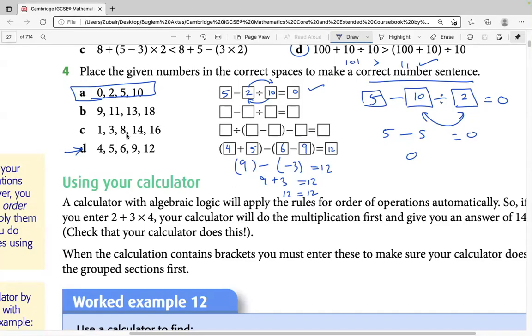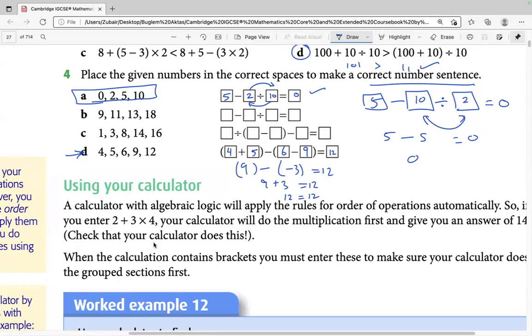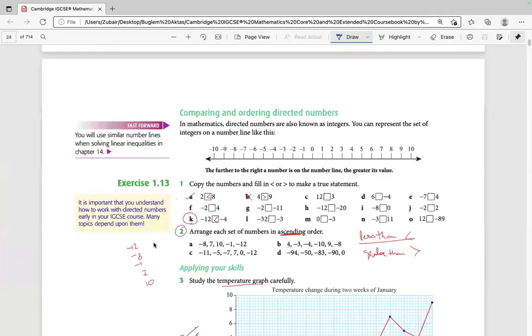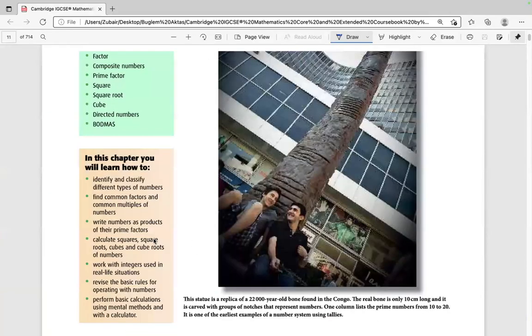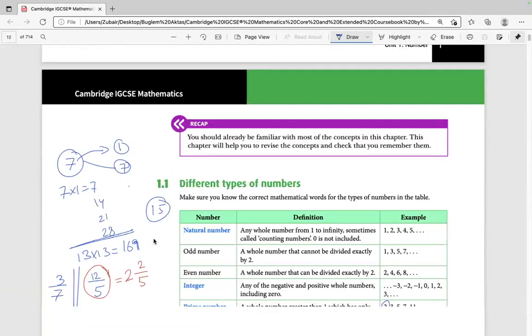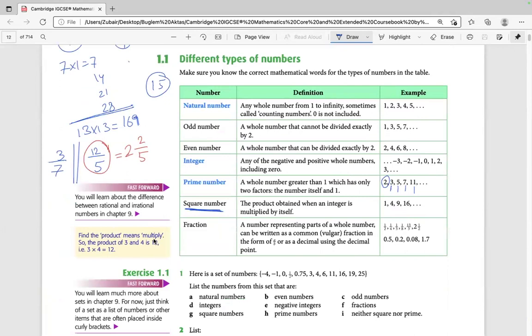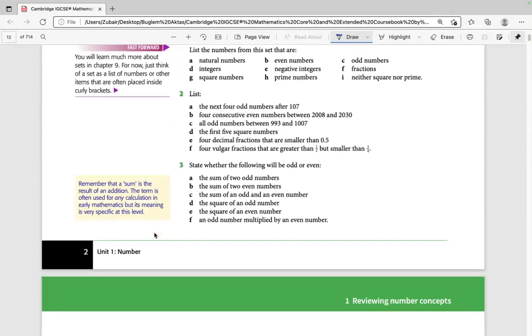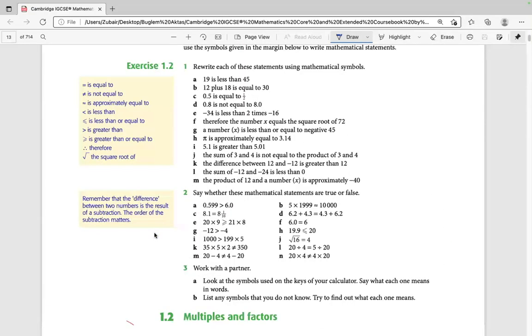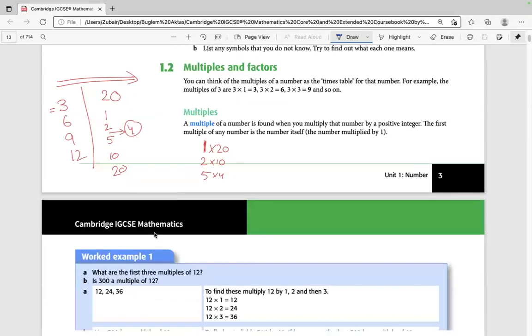So let's have a quick overview. What we did was with topic 1. I was expecting 2 to 3 classes, but I think we've wrapped up this in one class. Numbers, odd number, even number, integers, prime numbers, squares, fractions. We talked about LCM, HCF, multiples, and factors.